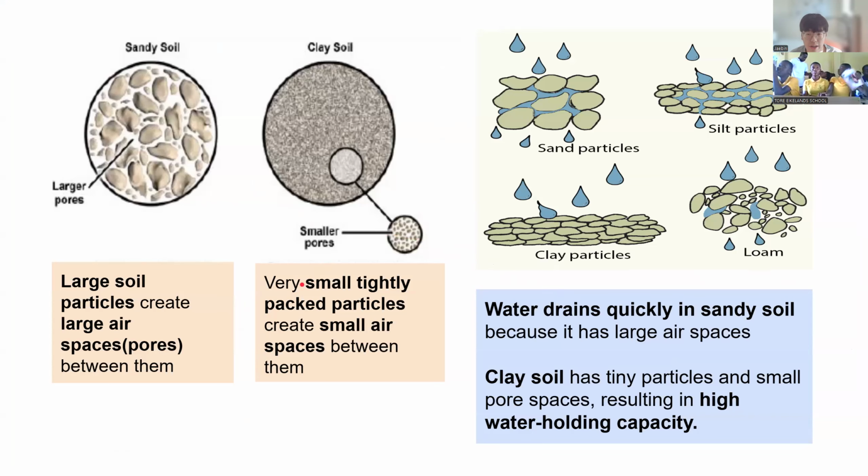And we talked about aeration and water drainage. What that means is that in sandy soil, you can see there are larger pores in between particles, so a large amount of air passes through those spaces. On the other hand, if you look at the clay soil, there are smaller particles and small air spaces between them. For water, it works similarly.